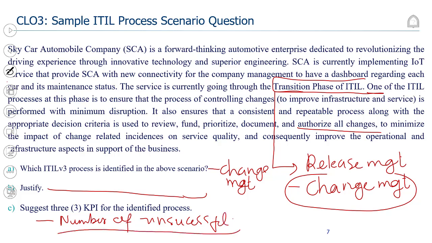This is also important because, apart from the successful ones, you also need to look at the unsuccessful ones, because the unsuccessful ones will also tell you whether you are actually doing changes correctly. You put the number of successful changes, but the number of unsuccessful changes is equally important. And we always monitor that. We always check to see how many of the changes we did, okay?